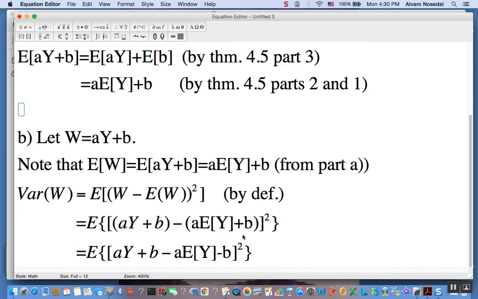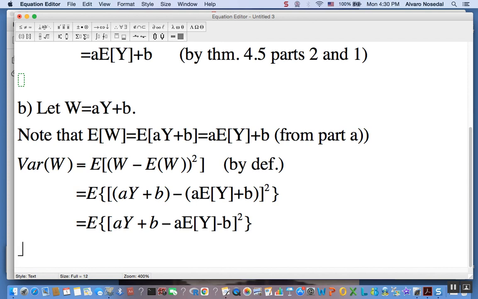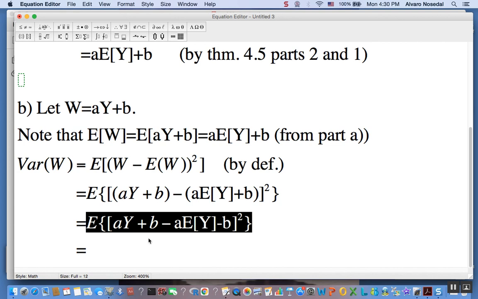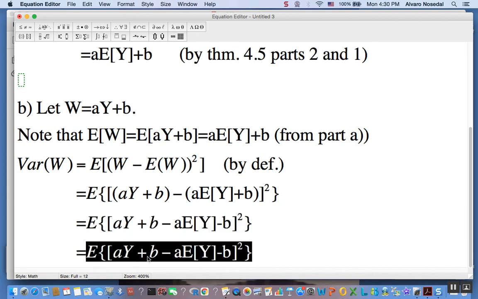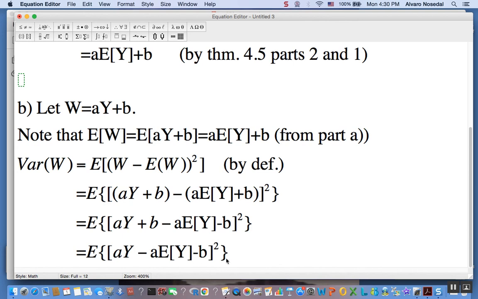Note that plus b minus b, those two cancel out, so the only two terms we have left are a times Y minus a times the expected value of Y. So let me get rid of those b's.